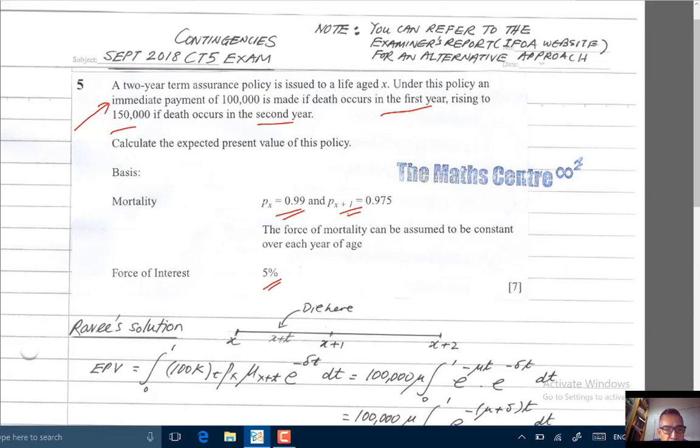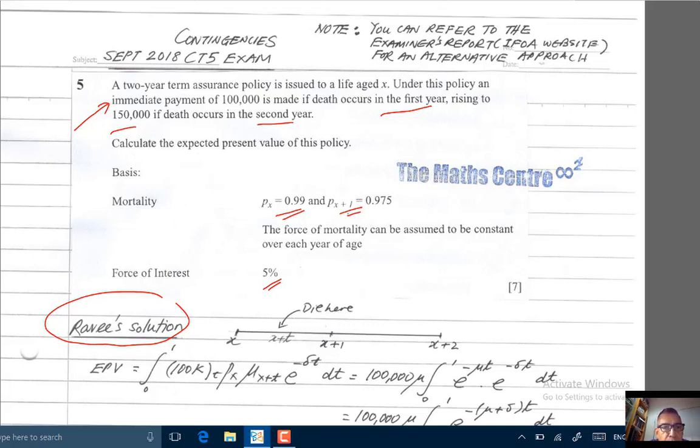Now I'm going to go through my solution. You can refer to the examiner's report, which appears on the IFoA website, for an alternative approach or their solution. Our answers are the same, the final answers are the same, subject to some rounding.